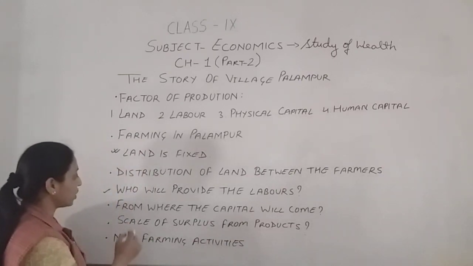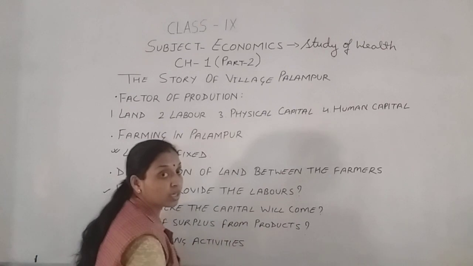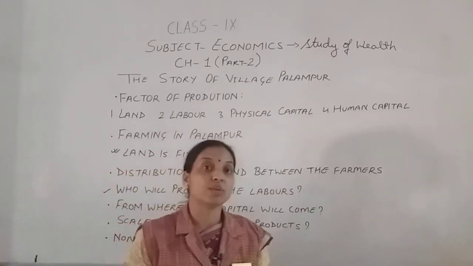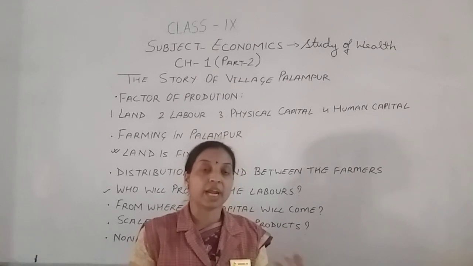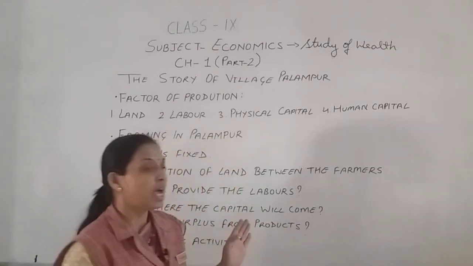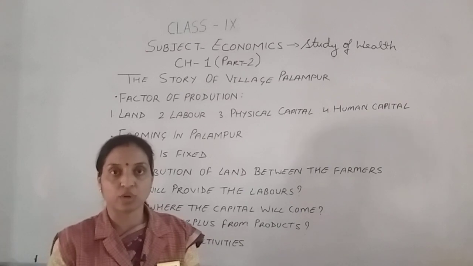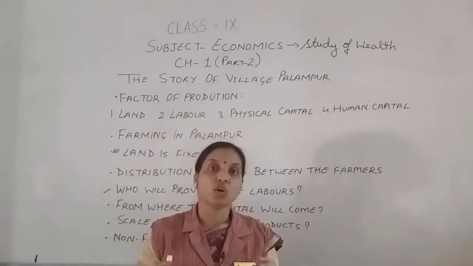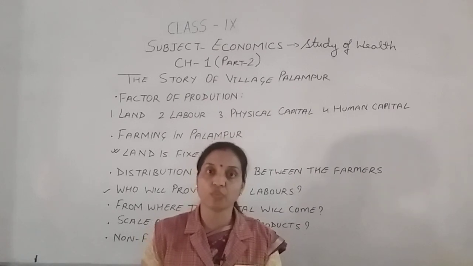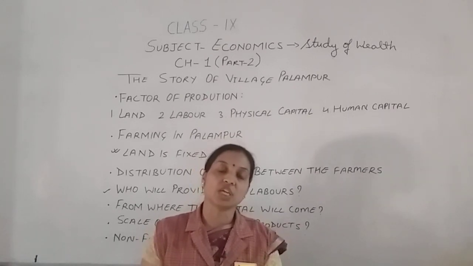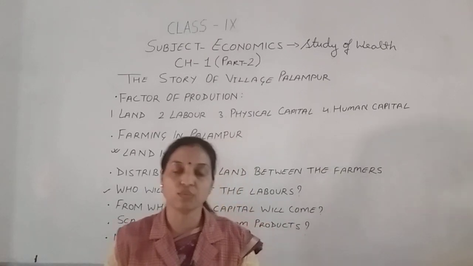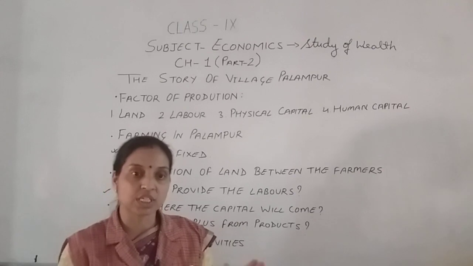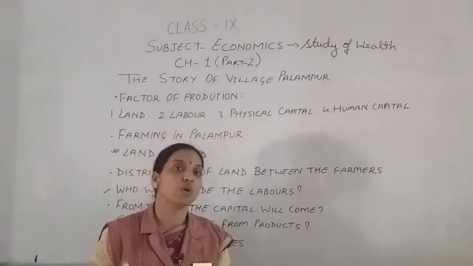Now the next question is, from where will the capital come? For all the production work, from where do these farmers get the money? According to the division of land among the farmers, rich farmers have savings because they are rich, wealthy people. With the help of their savings they are involved in the production work. Medium farmers have savings also, or sometimes they take a loan from the bank.